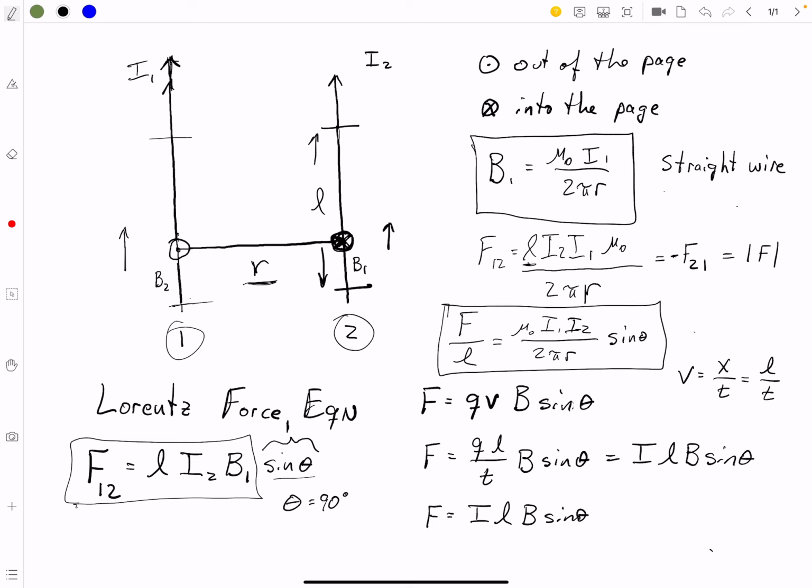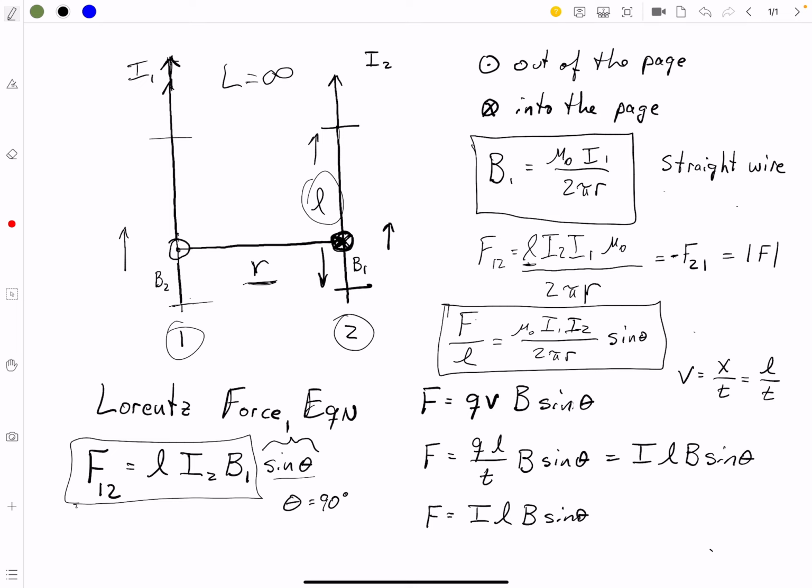So the force per unit length, so technically these two wires are infinite, okay? The length of the wires is infinity. We're only taking a small subsection length and that's our force per length. Okay, so we could call it a meter, a force per unit length.